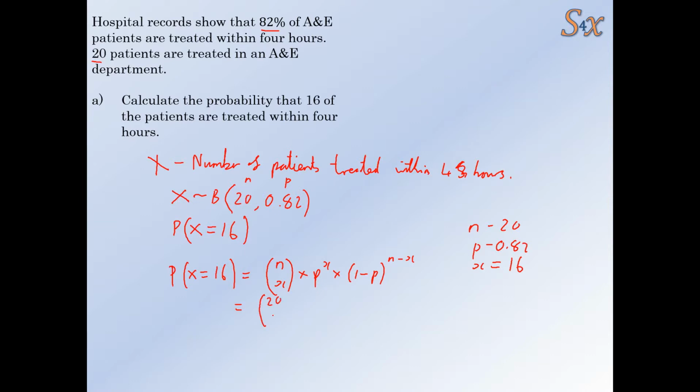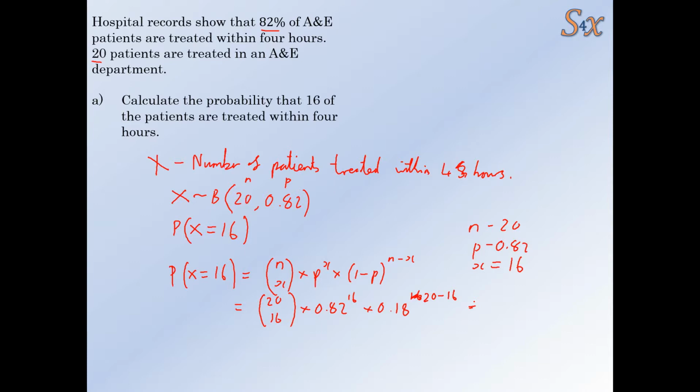So we've got 20C16 times 0.82 to the 16 times 0.18, that's 1 minus p, to the 20 minus 16. Okay, all I'm going to do now is put all that in the calculator.